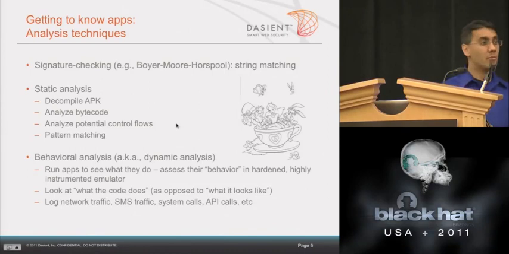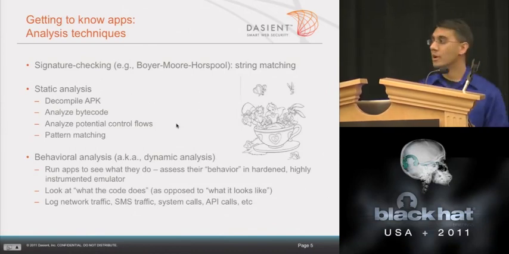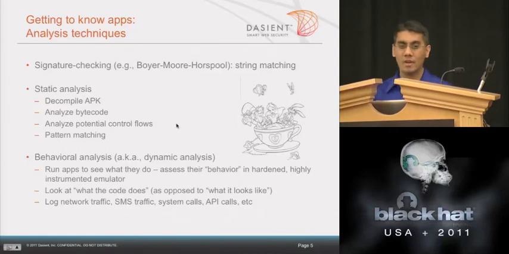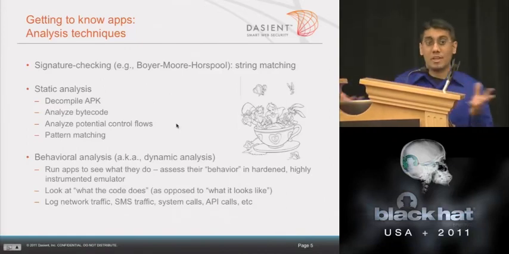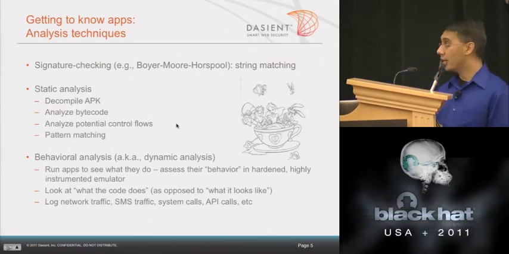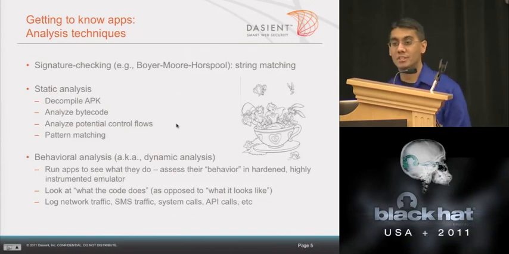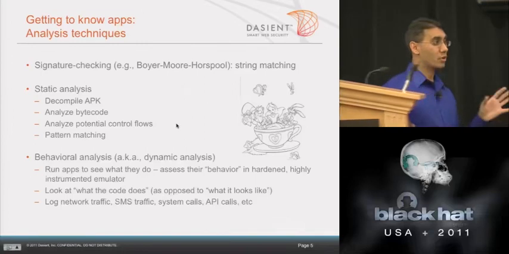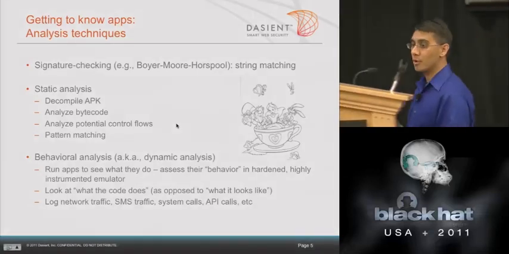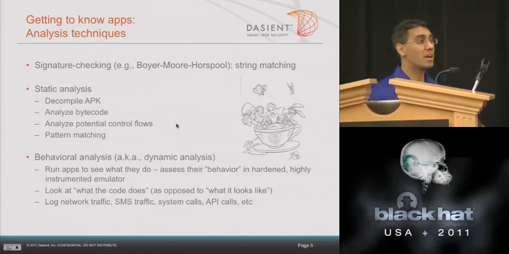A second mechanism that you can use to analyze both good as well as malicious Android applications, or any type of applications, is static analysis. You can imagine that in static analysis, you might want to decompile an Android package. You might want to analyze the bytecode, analyze potential control flows, reconstruct them from the constructs inside the program, and/or do some kind of pattern matching.